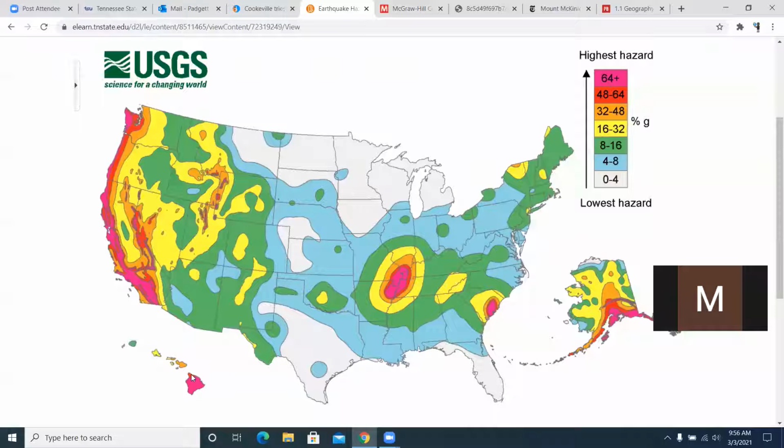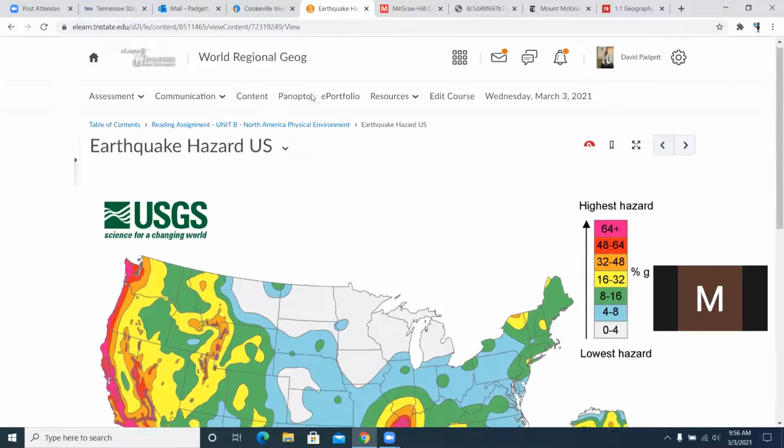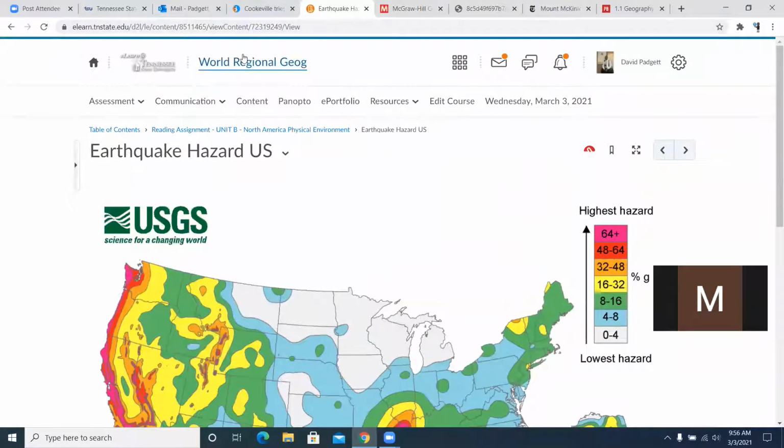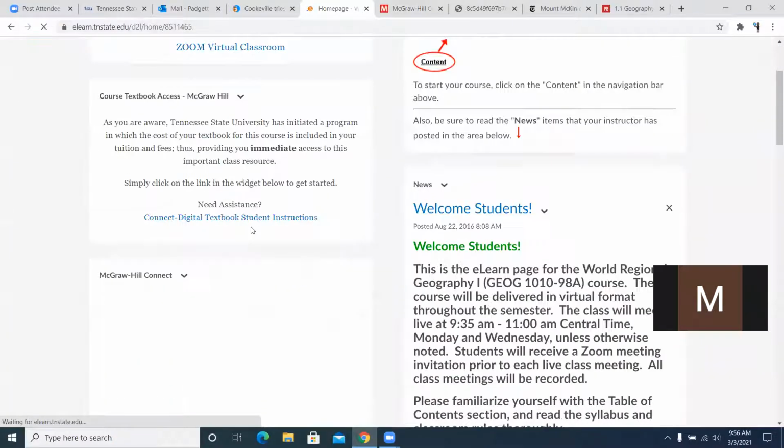The Earth's surface is covered by a series of plates that move around. And there's actually a diagram in the textbook in the first chapter.